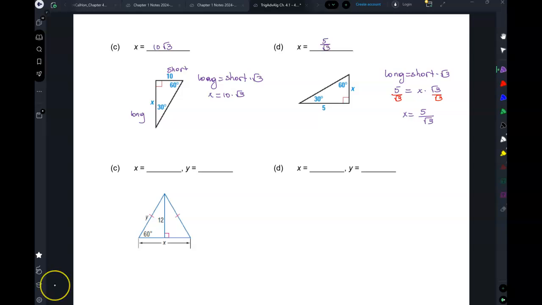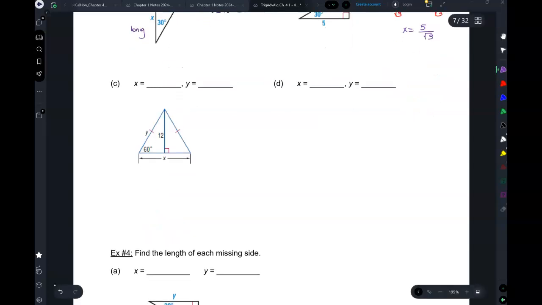Okay, so for the next one, we have x and y. So what we're going to do is we're just going to take one of these triangles. Okay, now you see that the y is the hypotenuse, the 12 is the long leg, and then the short leg is this one here, right?